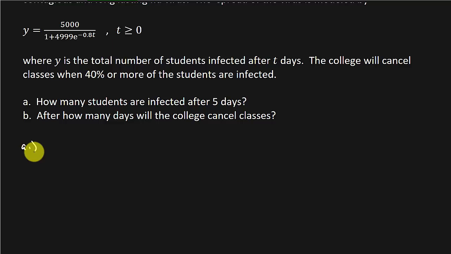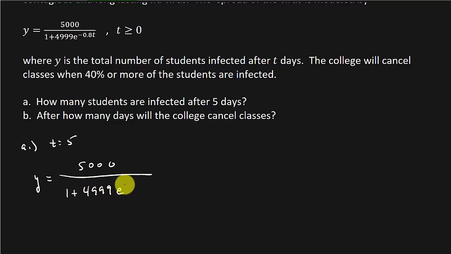For part A, it says how many students are infected after 5 days. So 5 days represents t. All we're going to do is take 5 and plug it into that function for t. So we've got t is equal to 5. That's going to give us y is equal to 5,000 over 1 plus 4,999 times e raised to the negative 0.8 times 5.